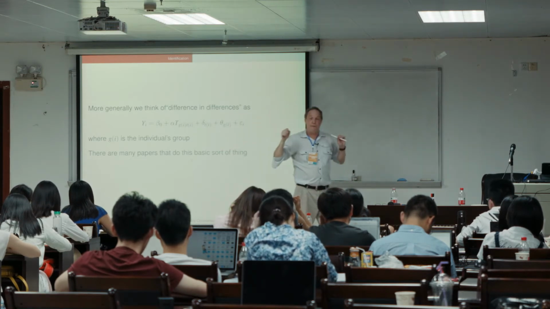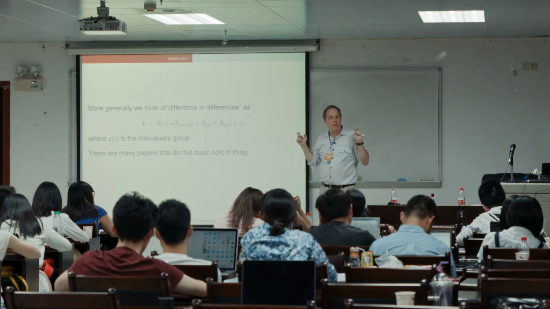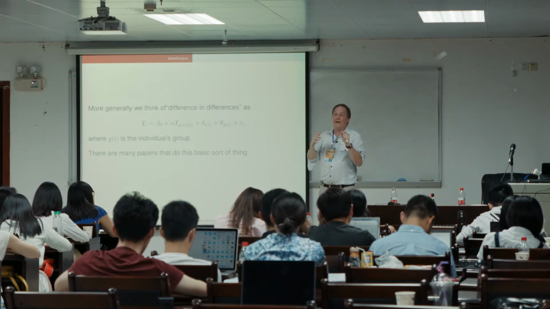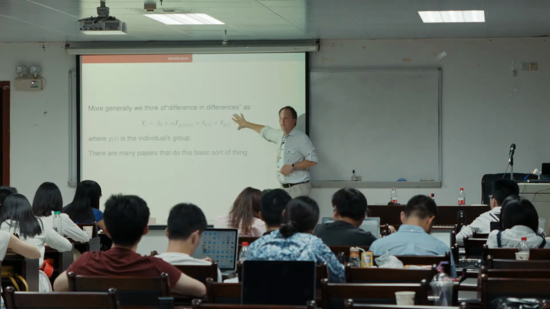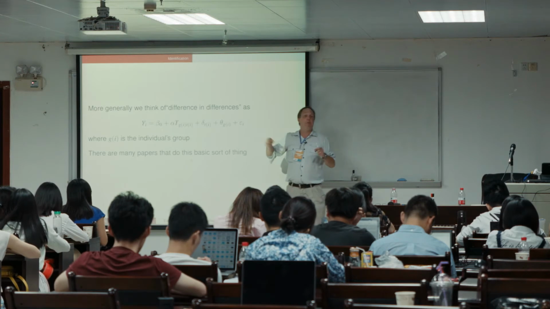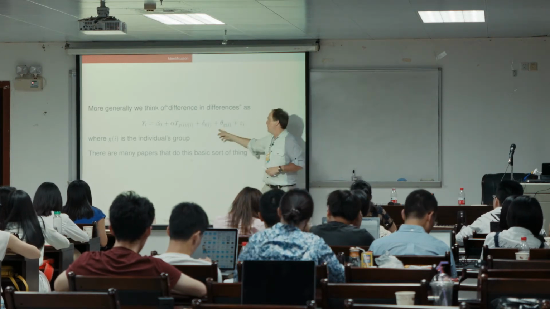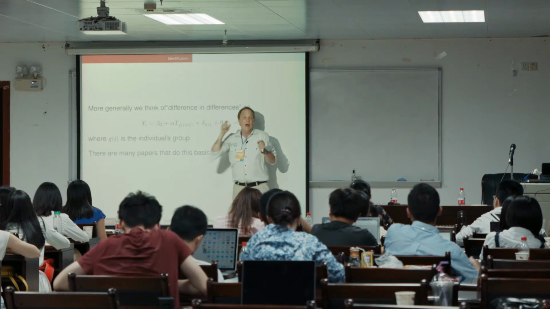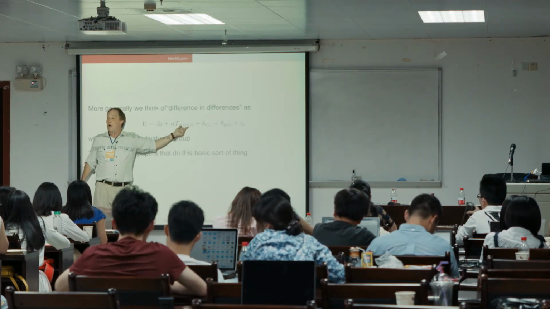What we call difference in difference got the name from this simple 2x2 setup. When I refer to difference in difference, I say this is like 90% of empirical work. I'm talking about a much more general specification, when people run models where they include time dummies and group dummies, and then they have some treatment. And the key thing is this treatment only varies at the group by time level.